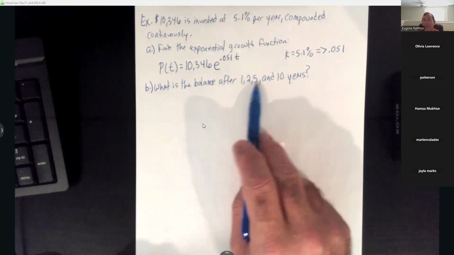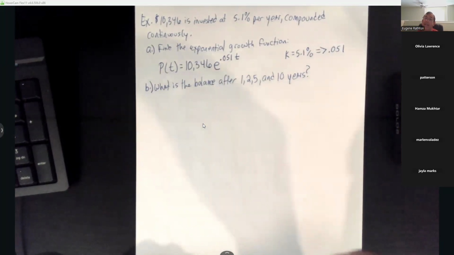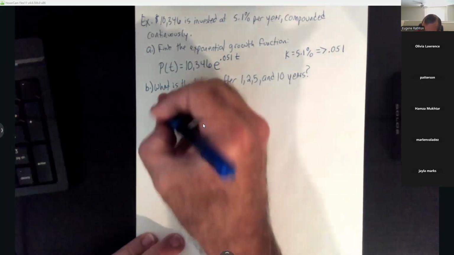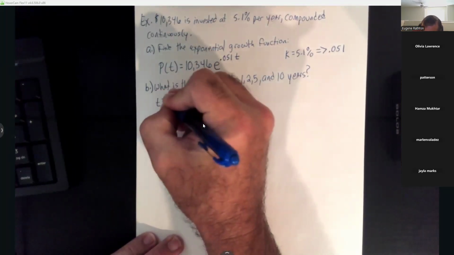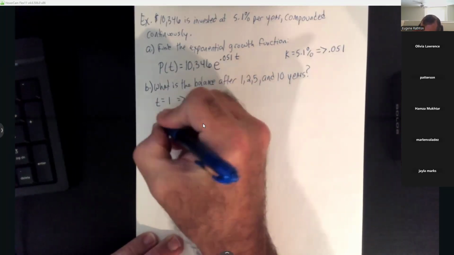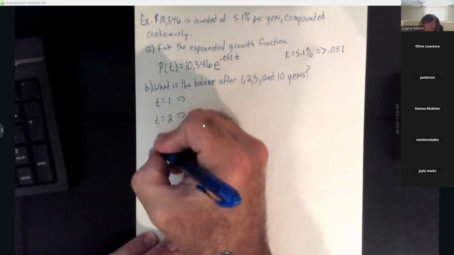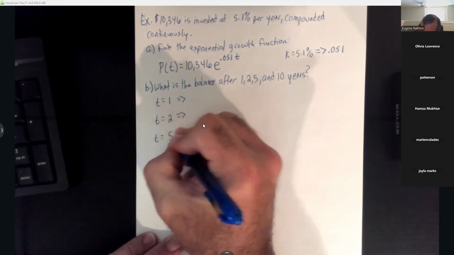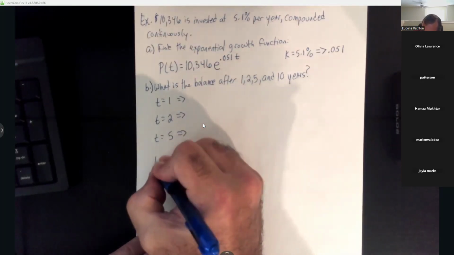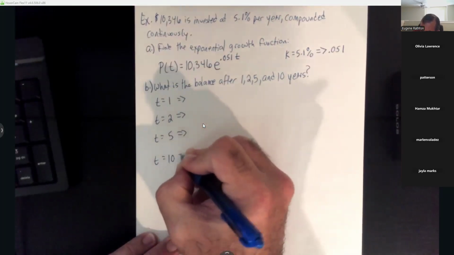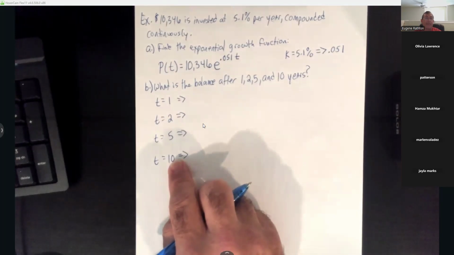It better be going up every time, right? Because it is an investment. So I'll figure out what it is for T equals 1, T equals 2, T equals 5, and finally, T equals 10.